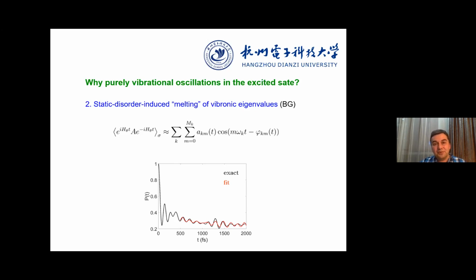But if you have static disorder, you just average your signal over different values of the electronic energies, which means that your excitonic eigenstates, multidimensional, of course, will change due to this static disorder. But if you do averaging, you can show that this change of the excitonic eigenvalues does not produce completely chaotic behavior of the remaining dynamics.